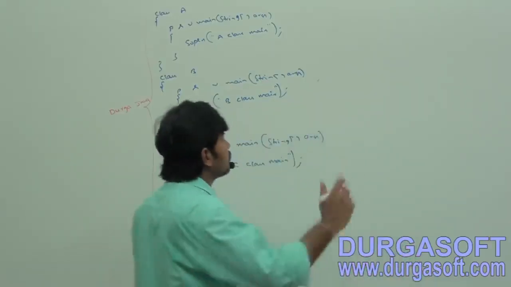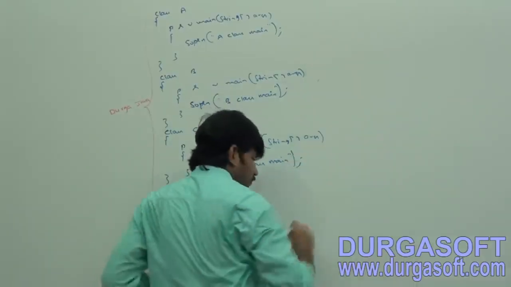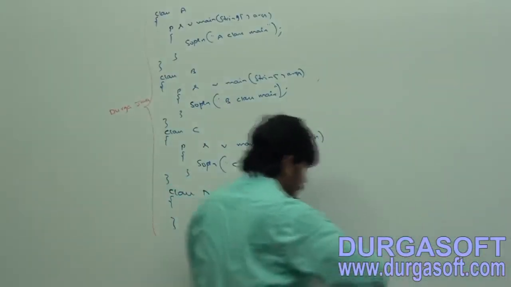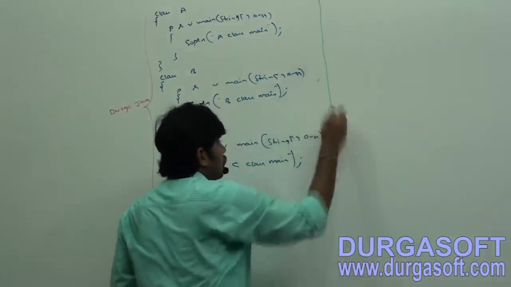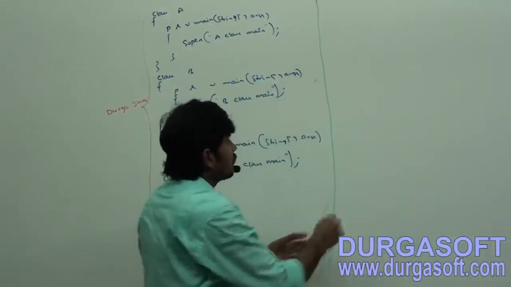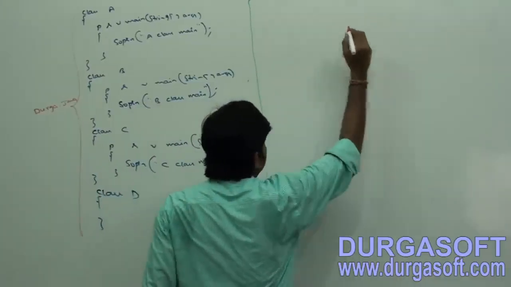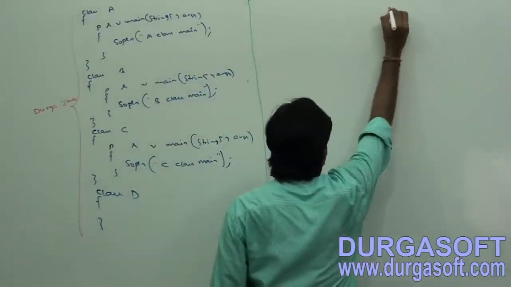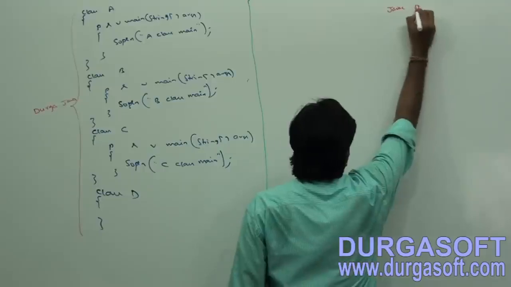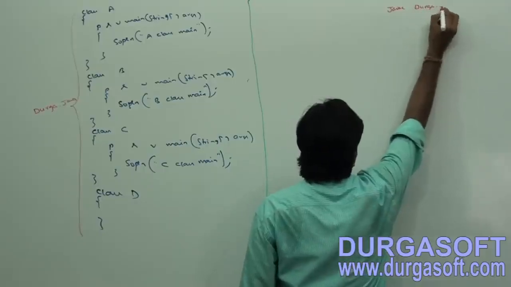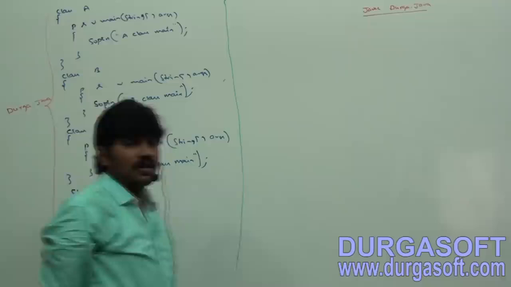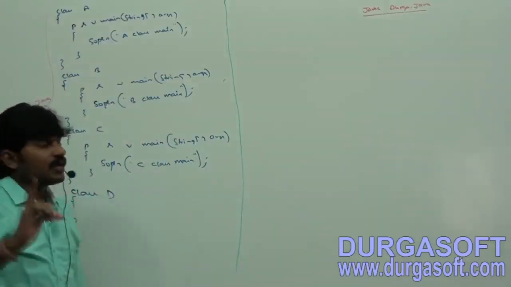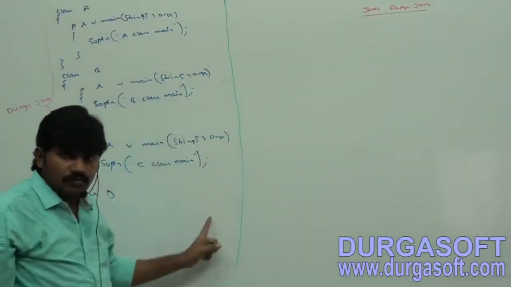Now observe this. Here I want to compile this code: javac Durga.java.